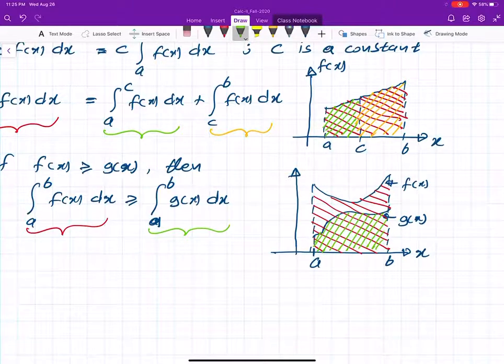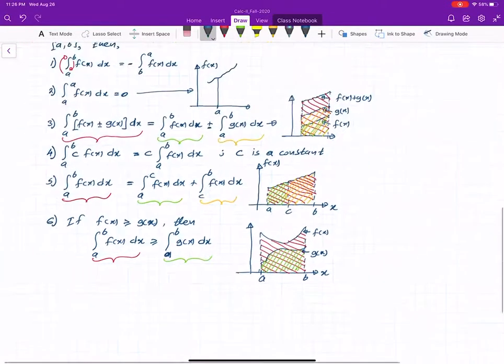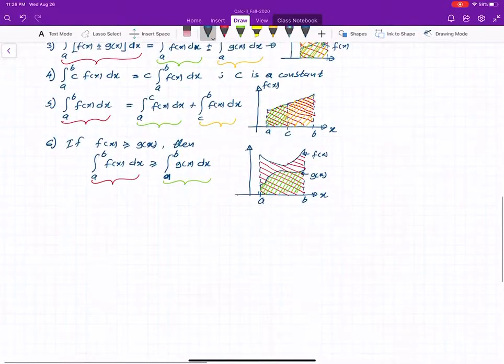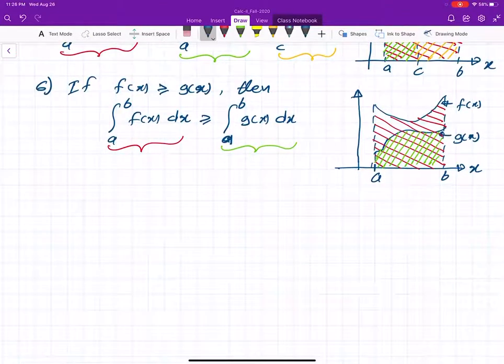All right, so that means the red area is always greater than or equal to the area marked by green. All right, so that is that property. Move to property number 7.